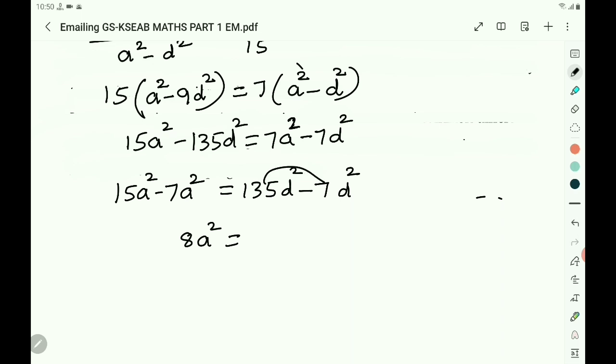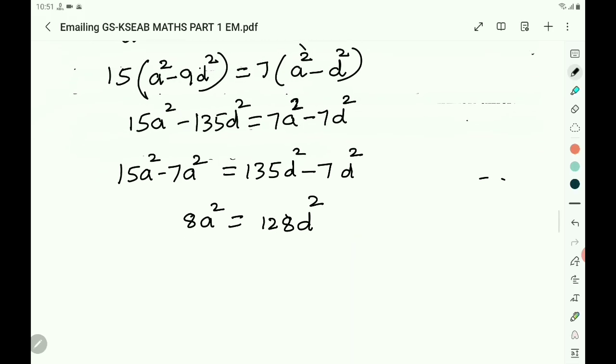That is, 15 minus 7 is 8, and 128 D square. Then you can cancel: 8 ones are 8, 8 sixteens are 128. You got that A square is equals to 16 D square.